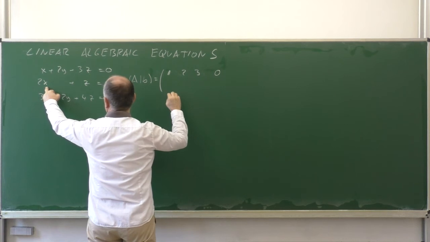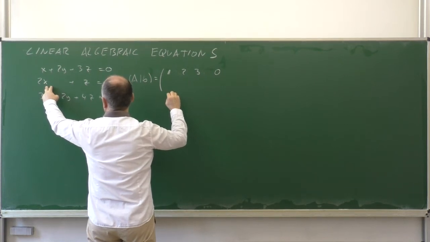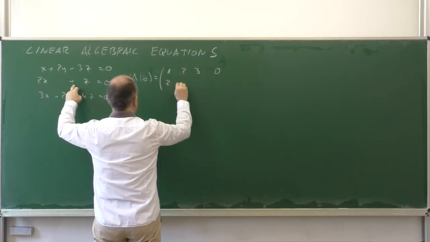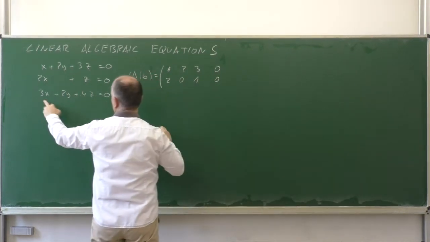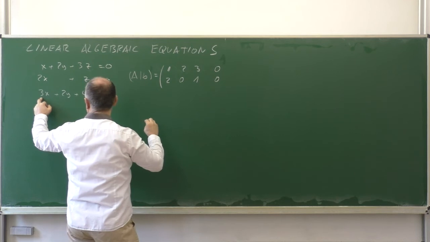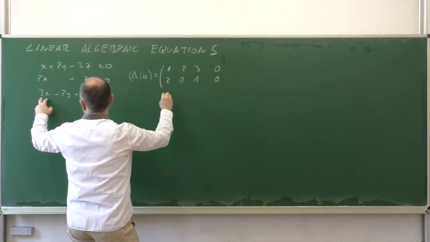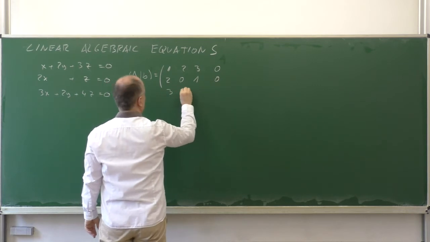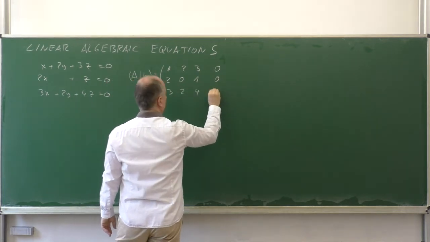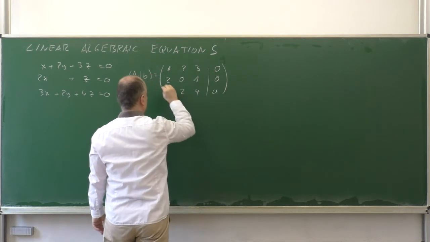Then the second equation gives the second row, namely 2, 0, 1, 0. And finally, the last equation writes the last row, 3, 2, 4, 0.